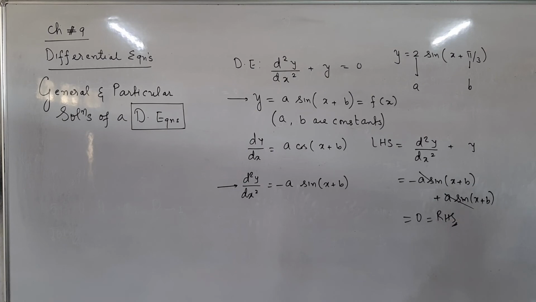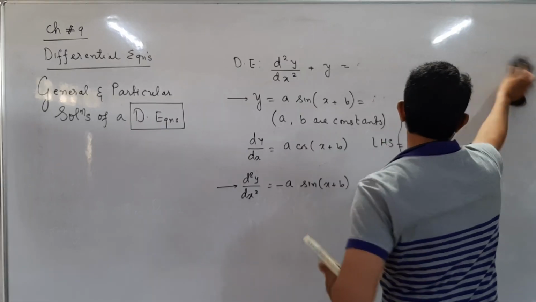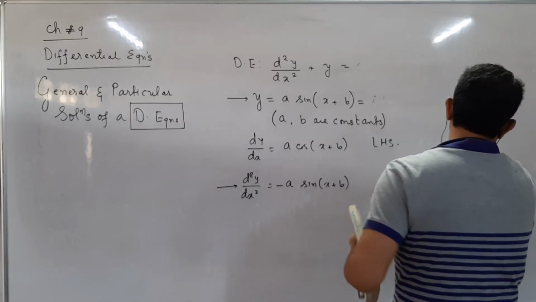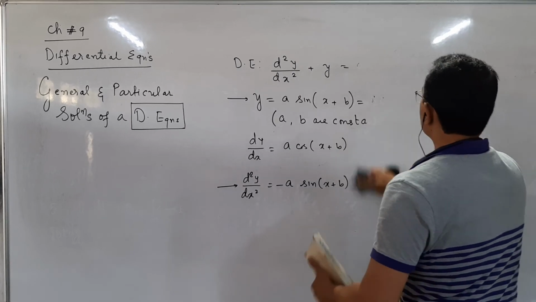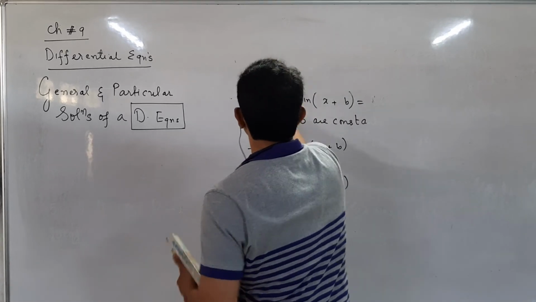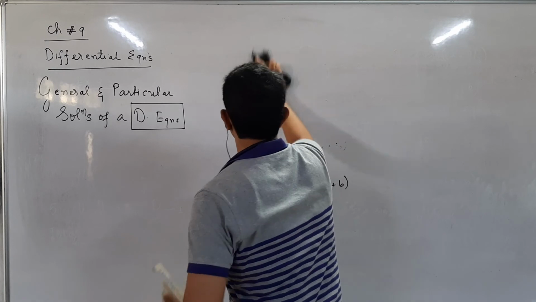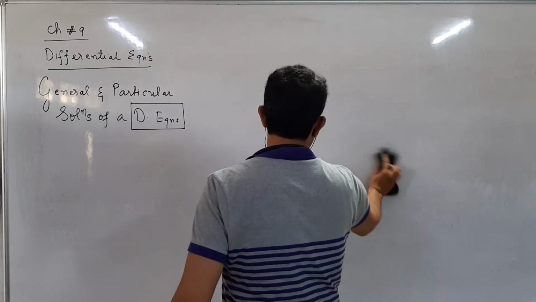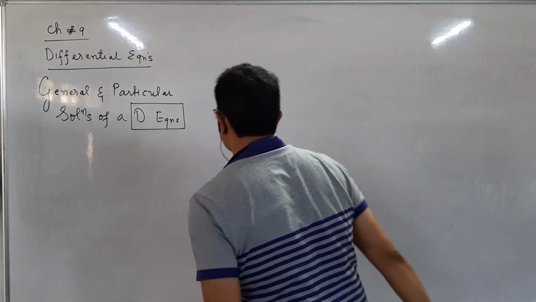So I hope, students, this is crystal clear: solution, general solution and particular solution. These three definitions must be very clear when you study exercise 9.2.